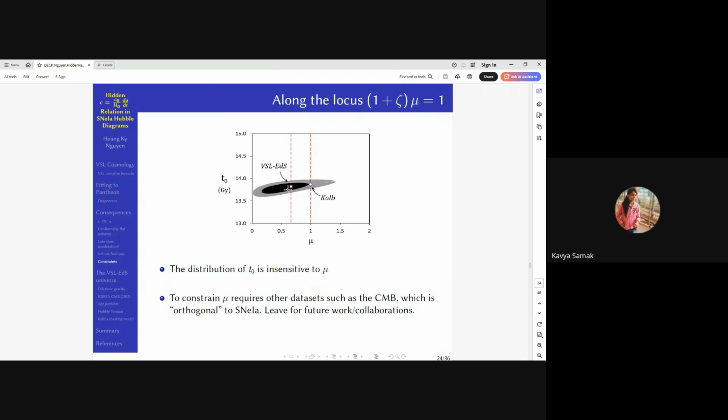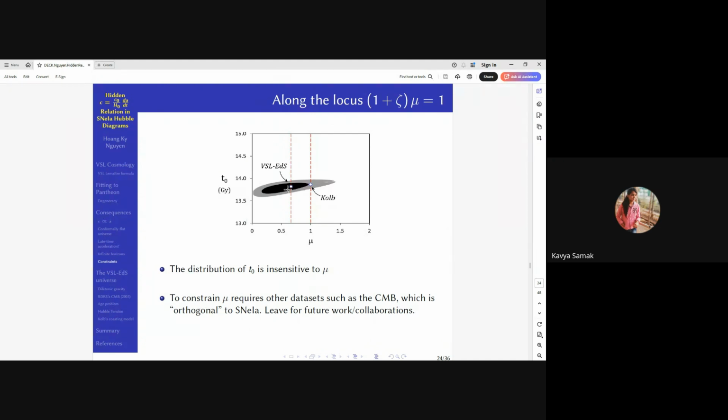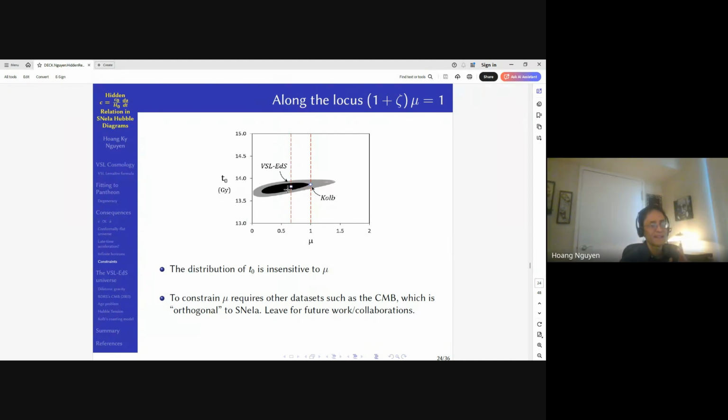So can we combine it with some other probes, other than CMB? Is it possible? Perhaps, let's say BAO, or other things. However, the CMB is cleaner than the rest because the CMB is fully orthogonal to the supernovae. One of them is across the sky, right? The supernovae is along the time direction. The CMB is across space.